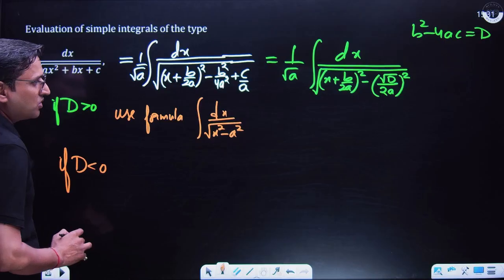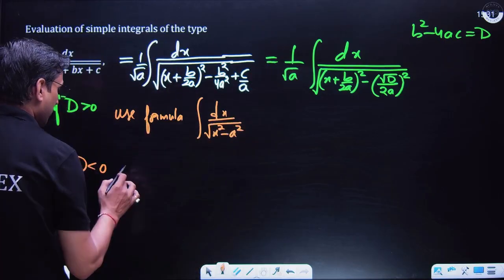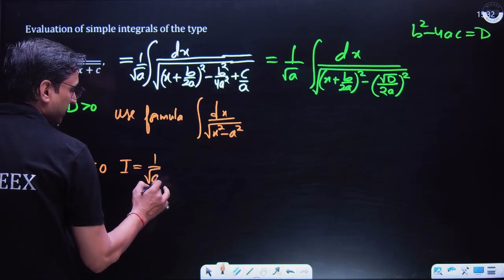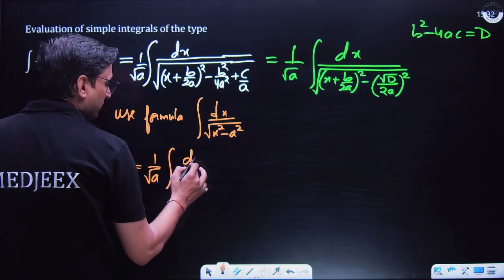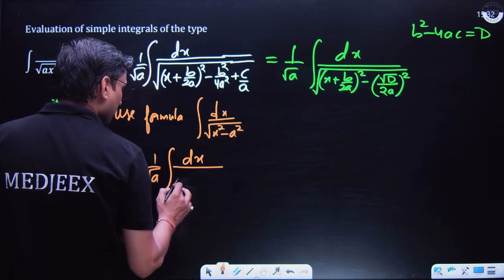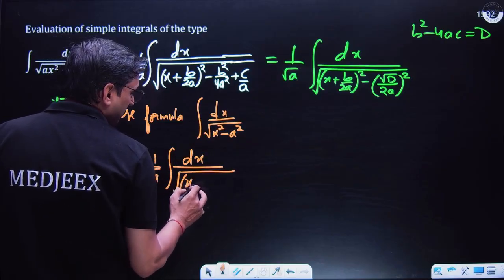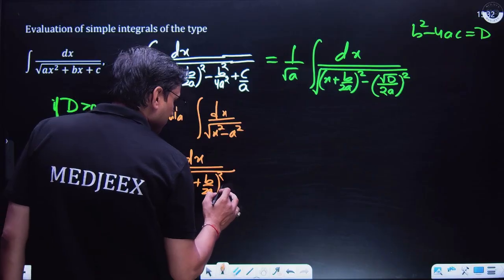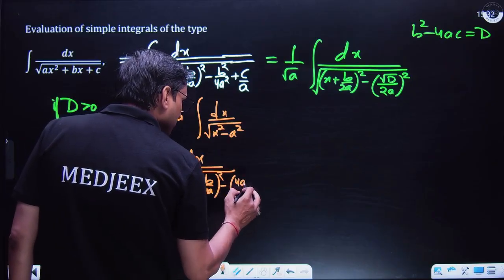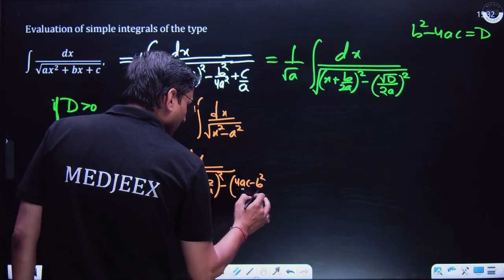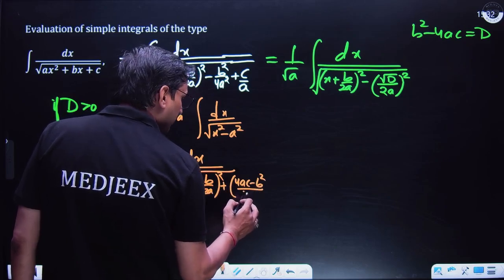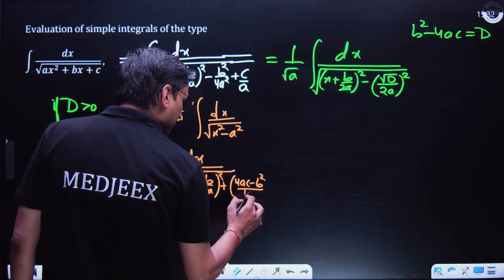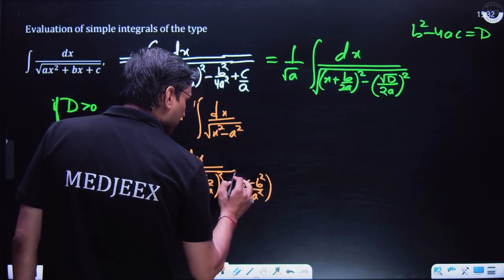If it is less than 0, then what you have to do, first it becomes 1 by root over a, integration of dx upon root over x plus b by 2a whole square minus (4ac minus b square) divided by 2a whole square.